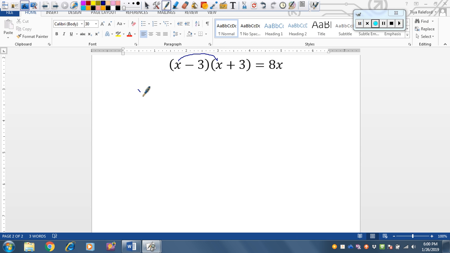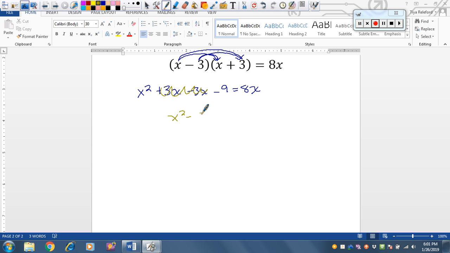X times x, x times 3, -3 times x, -3 times 3. Then you can see right away that these two are going to cancel each other out because it's positive and negative.